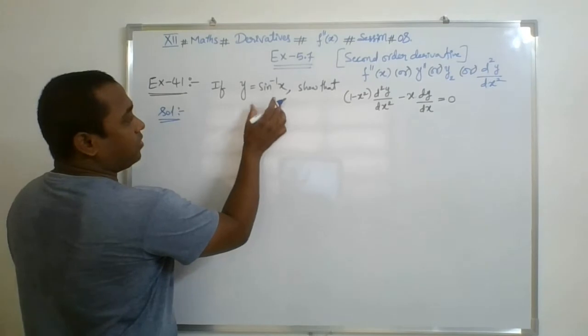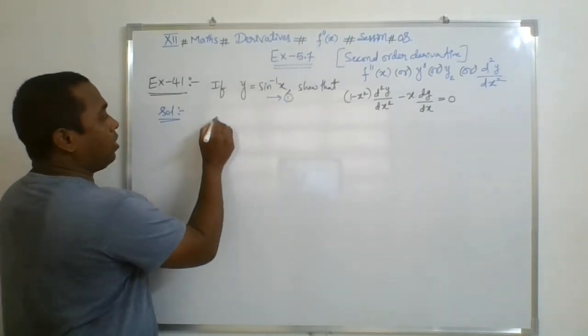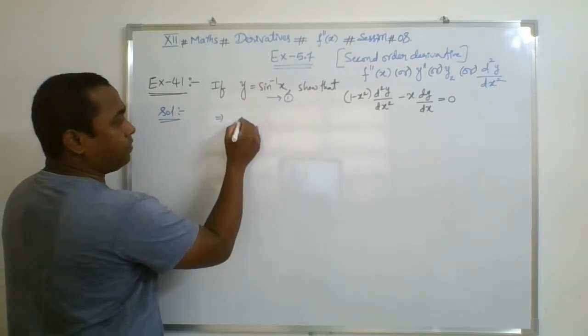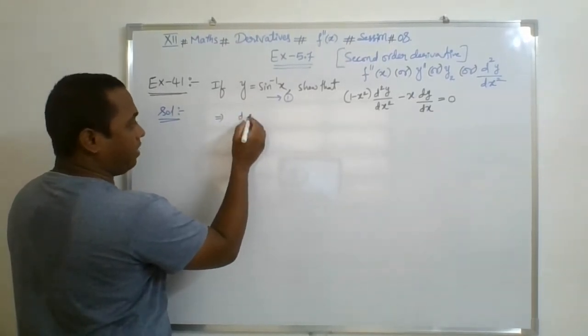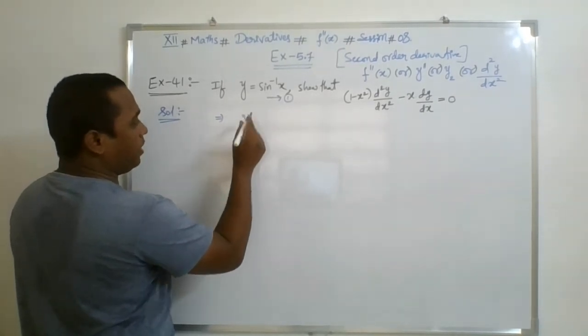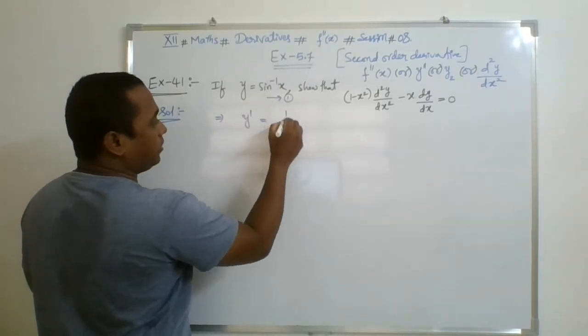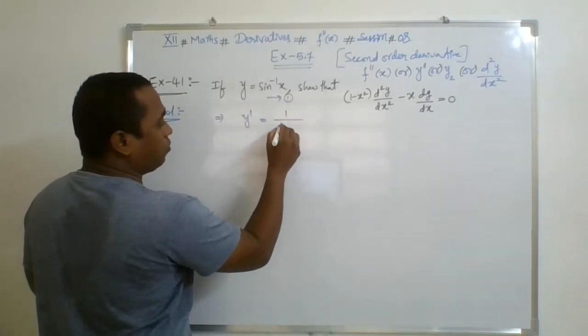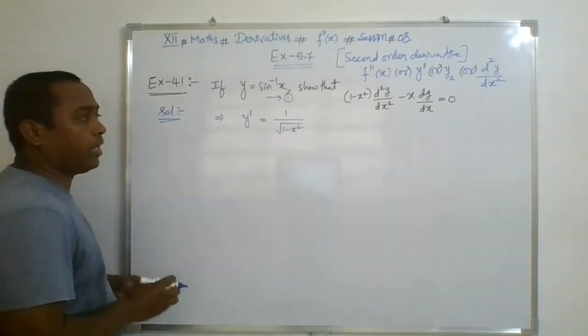So this is y is equal to sine inverse x. Let it be your result number 1. Now go for the derivative. So I am just writing here dy by dx. For the sake of convenience, I may also write it as y dash, and the derivative of sine inverse x is 1 upon under root of 1 minus x square, right?